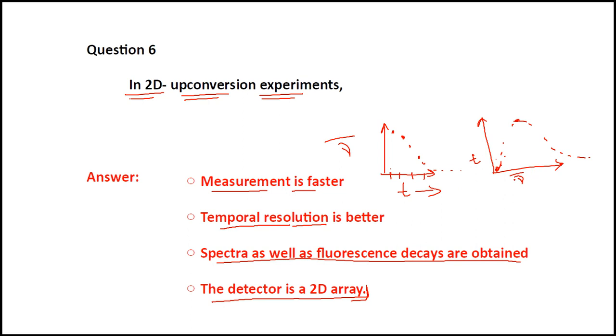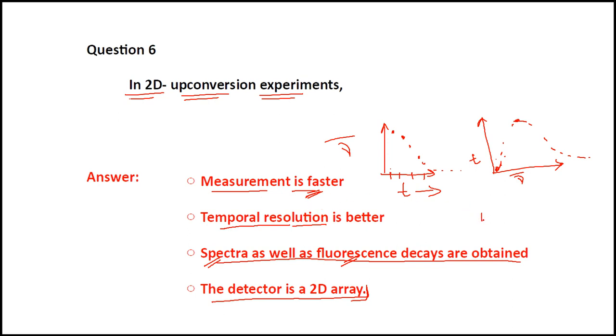This is similar to the spectra as well as the fluorescence decays, both of which can be observed. So in the 2D upconversion experiment, first of all, measurement can be faster or slower. That depends on the detection time you take.